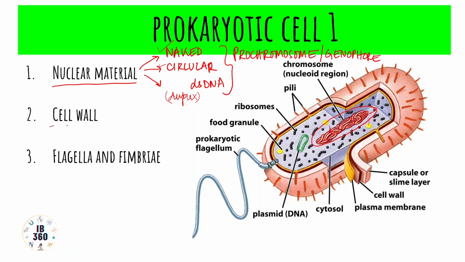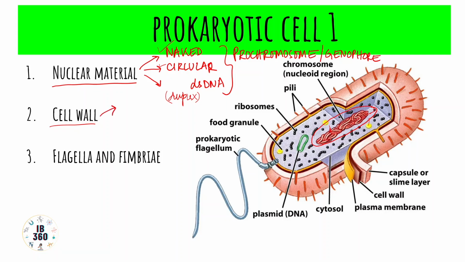Then comes the cell wall. In the previous class, we pointed out that roughly there are four types of organisms which can be categorized under prokaryota. One, bacteria; second, cyanobacteria or blue-green algae; third, mycoplasma; and fourth, PPLO or pleuropneumonia-like organisms. But a very important aspect of this information is that cell wall is not found in all of them.